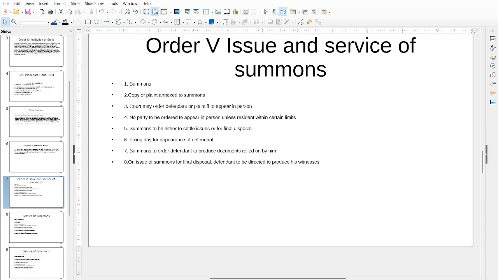It shall direct the defendant to produce, on the day fixed for his appearance, all the witnesses whose evidence he believes can support his case, and by giving evidence in front of the court he can win the case. So the court will ask the defendant to bring his side's witnesses so that his case can be presented strongly in the court.